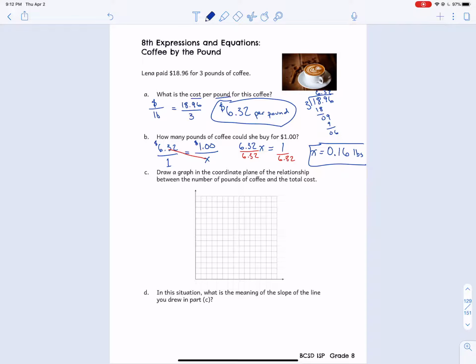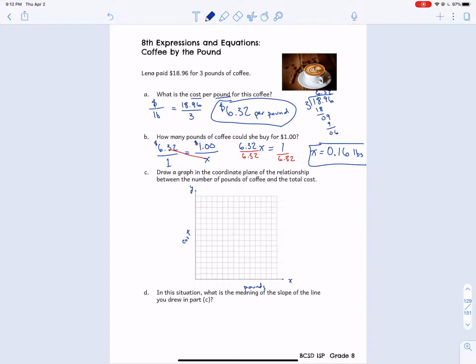All right, and then graph the relationship in cost. So we have decimals. It's not going to be a perfect graph. On the x-axis, we have the pounds, and the y, we have the cost.